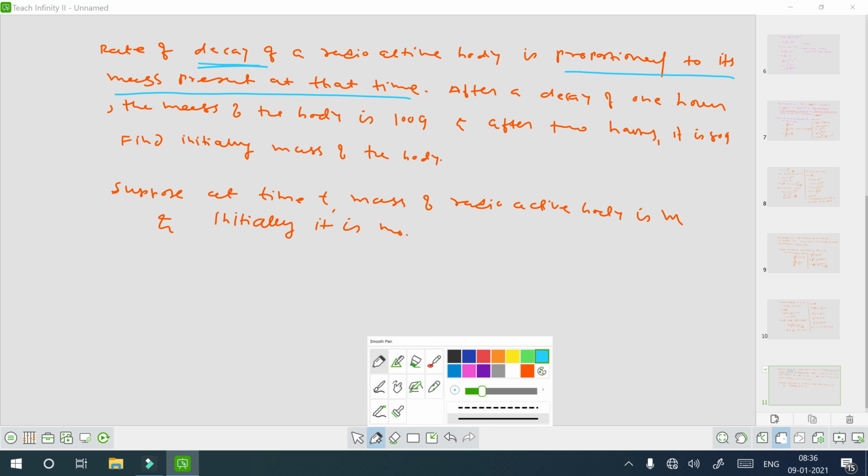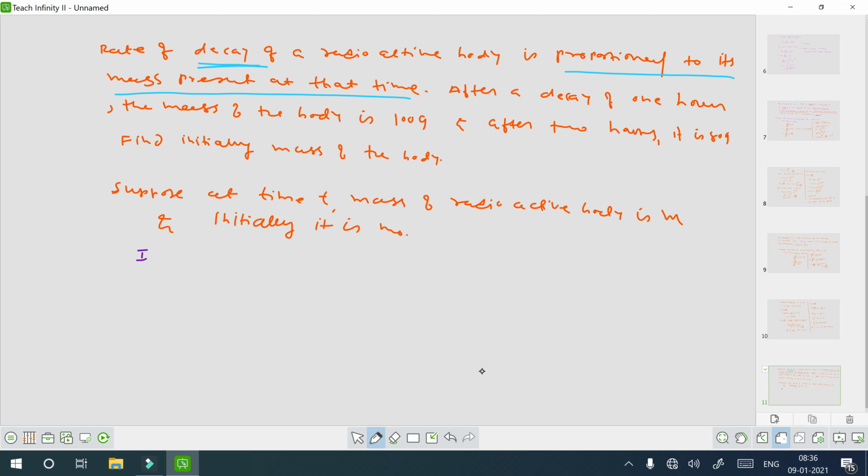It is given that dm by dt is proportional to m, and therefore dm by dt is equal to minus km.